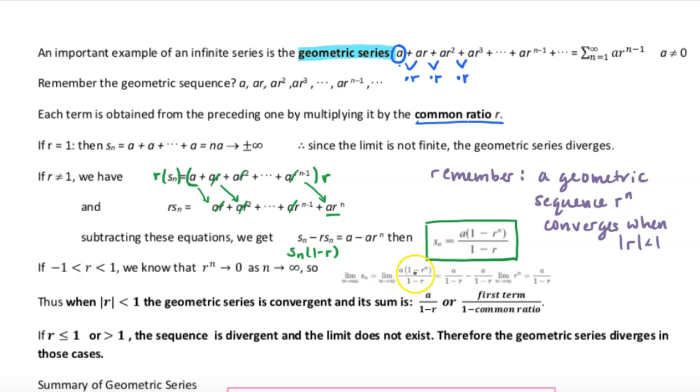So we'll just be left with a times 1 in the numerator, and the denominator is just going to be a times 1 minus r. And so because of this, when the absolute value of r is less than 1, the geometric series is convergent, and its sum is a over 1 minus r.